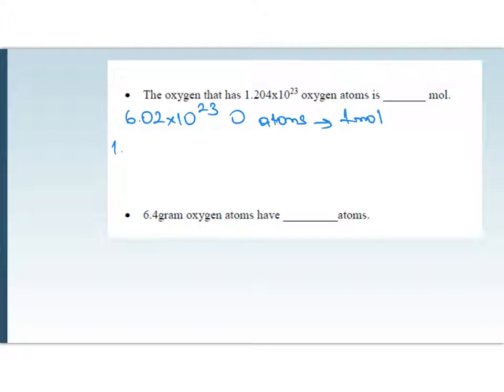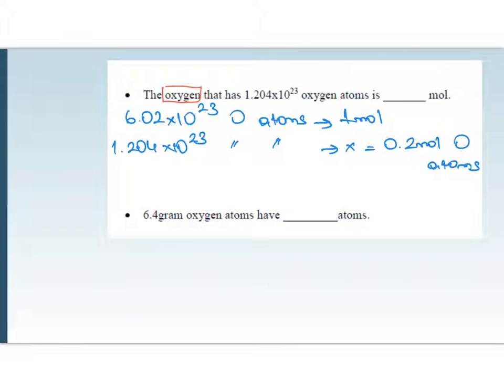So what about 1.204 times 10 to the power of 23 oxygen atoms? How many? So this is going to be 0.2 mole of oxygen atom. So my question is asking the mole number of that oxygen.